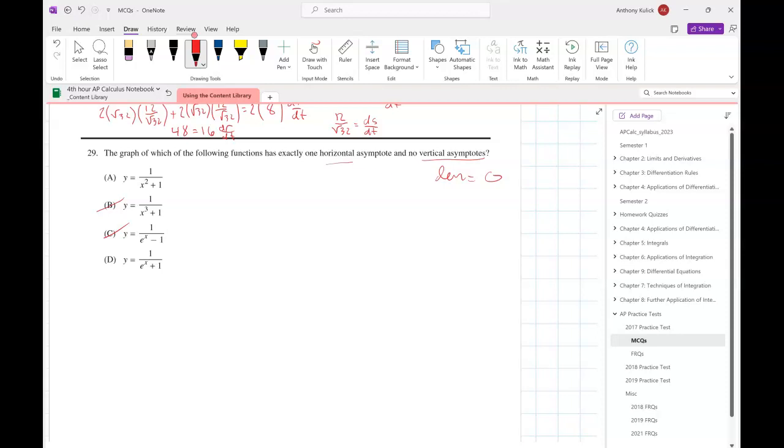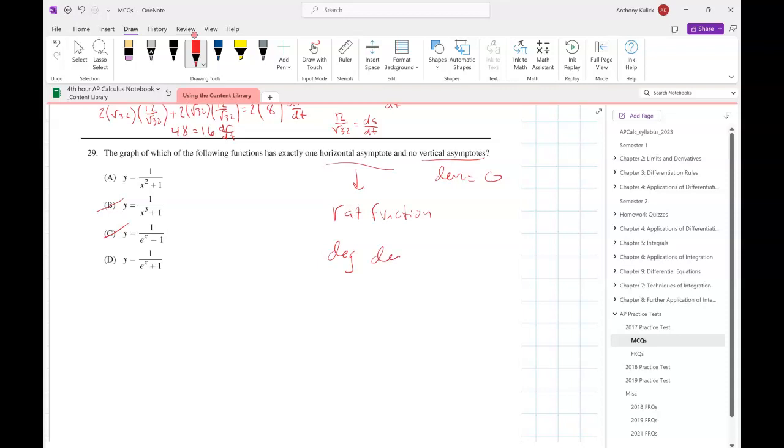All right. Horizontal asymptotes. For a rational function, which is what you have in response A, when do we have a horizontal asymptote? This is an Algebra 2 question. Great.